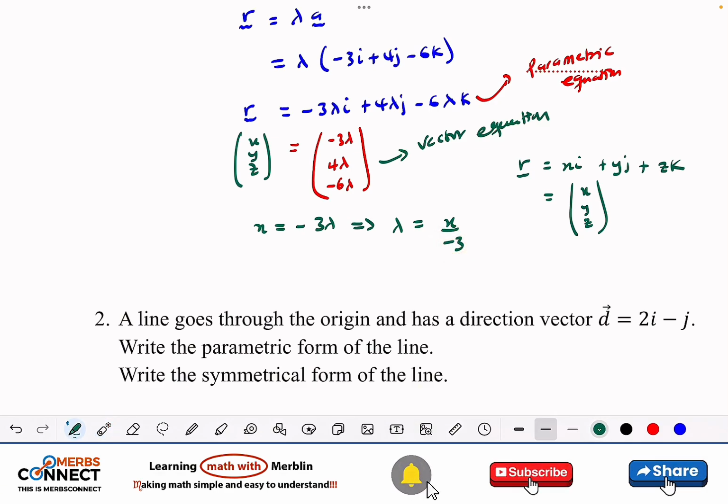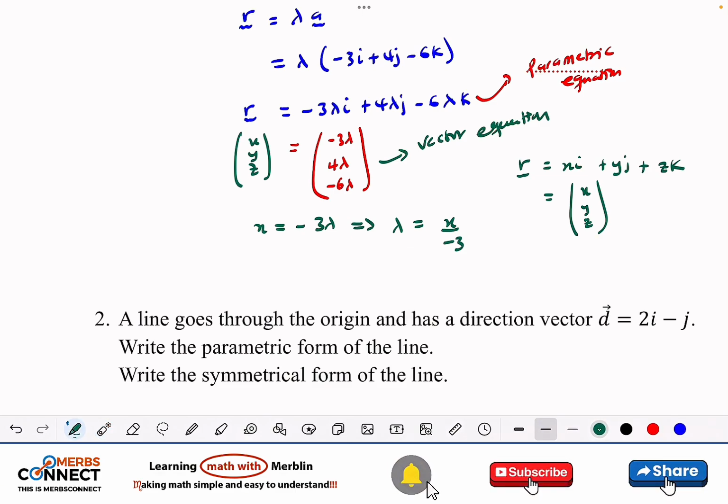In math, 1 over 2 minus 2 is the same as minus 1 over 2, but here, because we pick some of the components, I cannot move the minus. It should be here so that I know that it goes with the lambda, not the x. Very, very important. You need to pay attention to that.